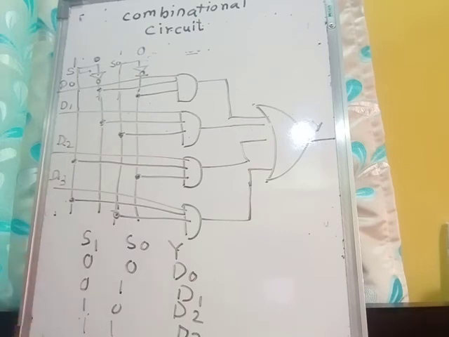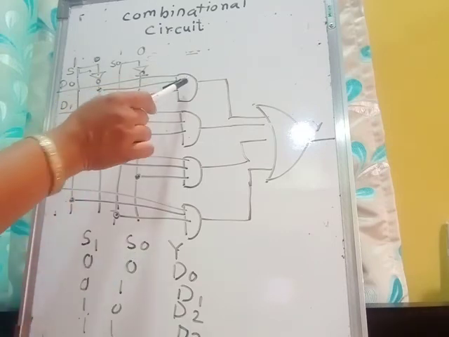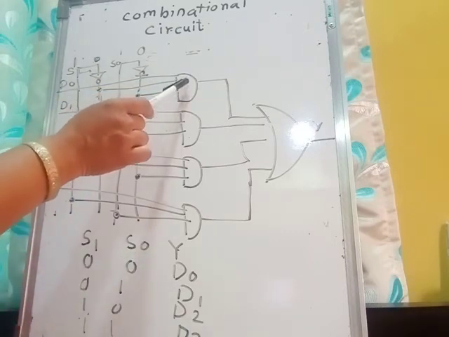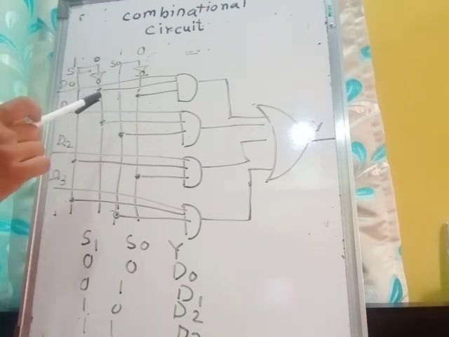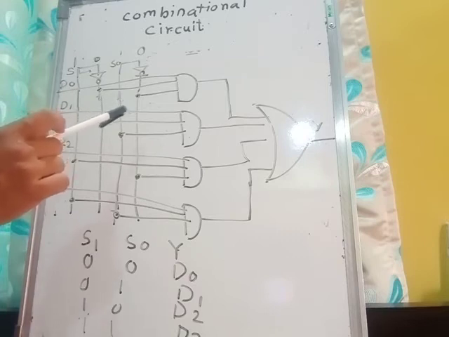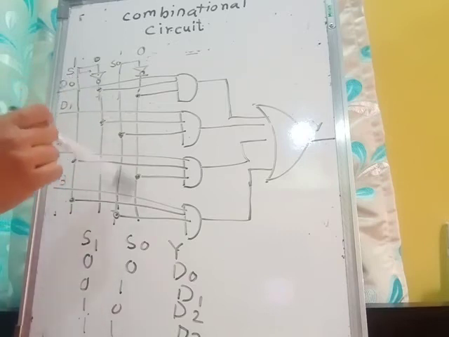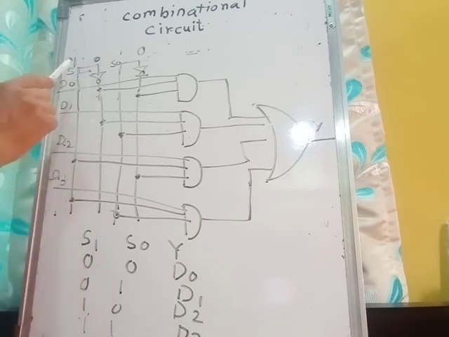Okay, so here we are going to see the working. See, when the control word is 0 0, that means if the inputs of S1 and S0 are 0 0, then the first AND gate gets selected. We are selecting the first AND gate with the line D0, this with the line D0 and the first AND gate connected. The input of this input is D1. How? Because we have the 2 control lines and here we have connected the NOT gate.